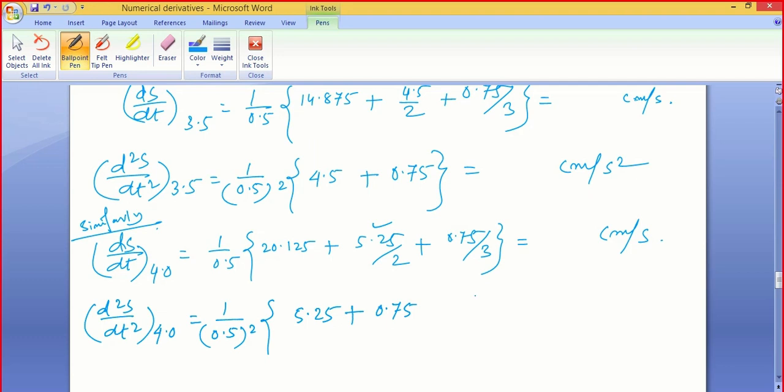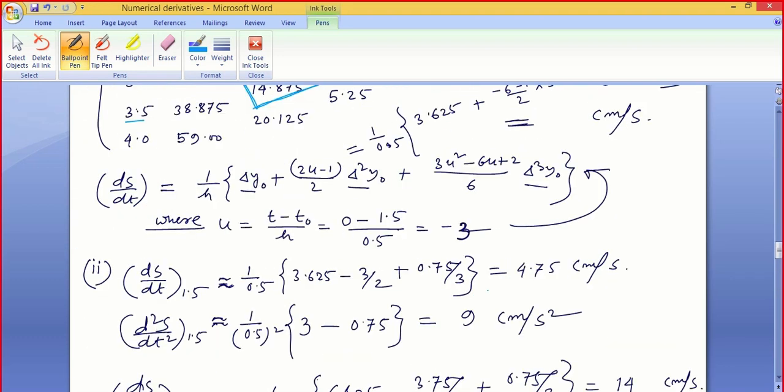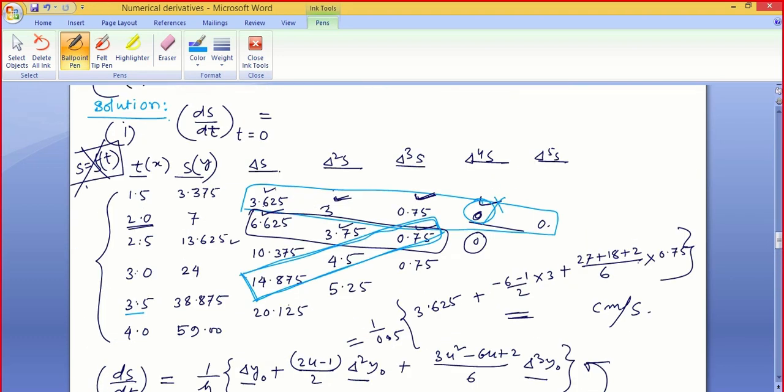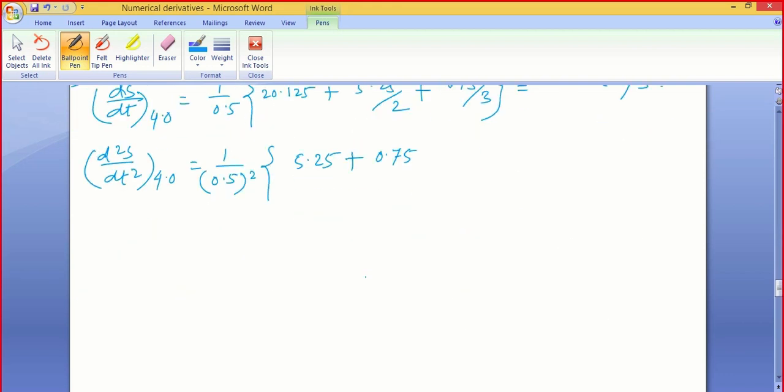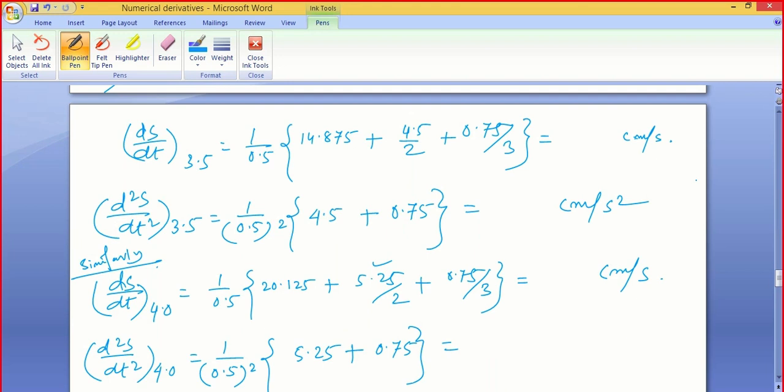Fourth difference is 0. Here also fourth difference is 0. If you check, fourth difference 0, fifth difference 0, so no need to calculate this. So only these two elements you need, this one and this one, to calculate acceleration. So only this is the acceleration actually, centimeter per second square.